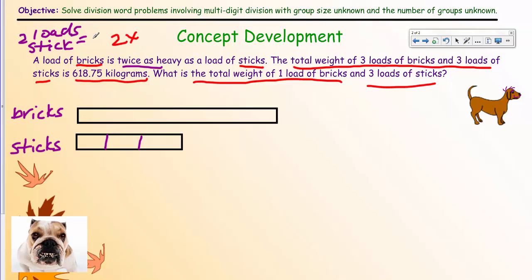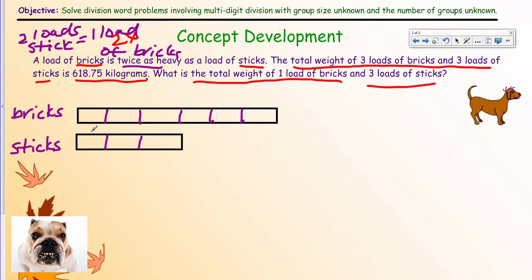So this is important: 1 load of bricks. Let's say these are the 3 loads of sticks that we have here. Then we're going to need 1, 2, 3, and then 3 more. So we have 3 loads of sticks here, and 6 loads of bricks.